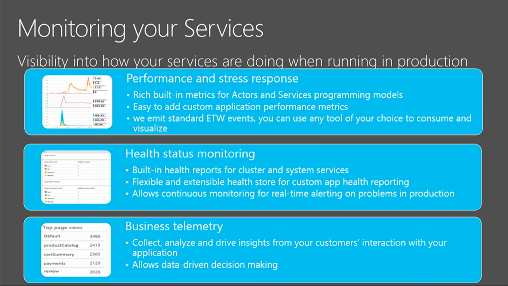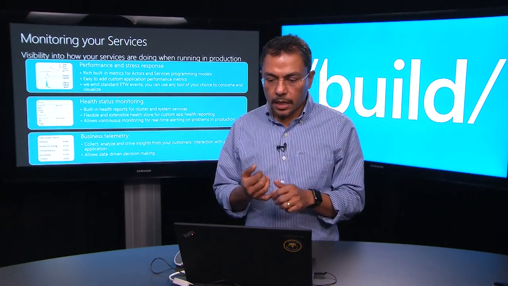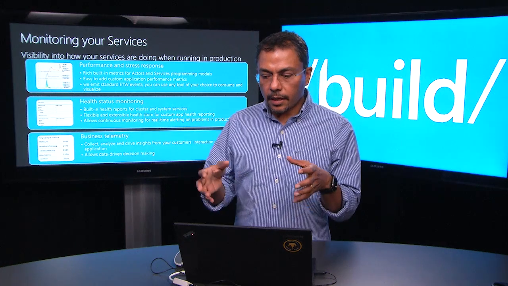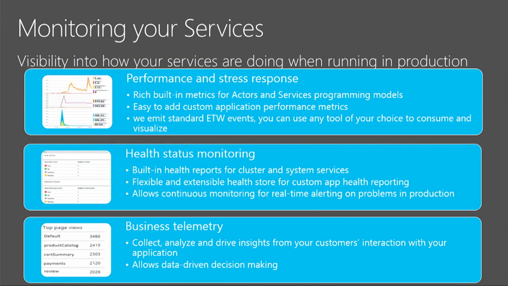For performance monitoring, we emit metrics for both the programming models. You saw when we pressed F5, there were lots and lots of detailed metrics. Then you can combine those with something which you write for yourself. For example, the counter value you just saw was being written out.